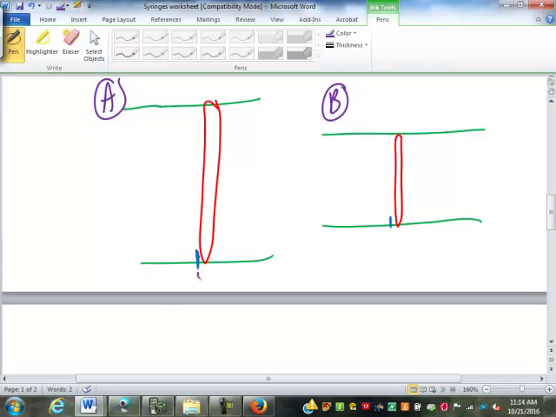But let's say we're off by the exact same amount here. This is like a 1/16 of an inch, a little tiny fraction of an inch. Which one am I actually off by more on? B, the wide syringe. Even though the distance between the line and the end of my plunger is the same amount, this syringe is fatter. There's going to be more fluid fitting in that space than in this space, because this is a narrower syringe and this is a wider syringe.